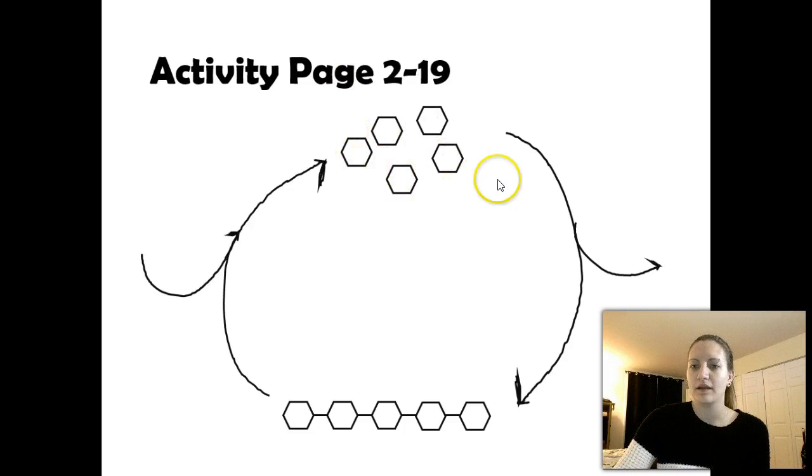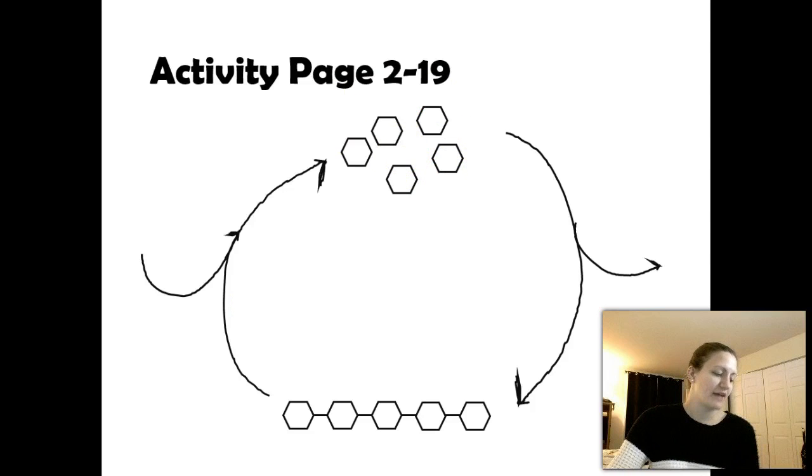It's asking what is B, so over here is B, and what is D. The only other molecule that's dealing with monomers and polymers is water. So when molecules are coming together and synthesizing, that's going to release water to create that polymer. When this polymer is being broken down in hydrolysis, it needs water. That word hydro means water, so it needs water in order to break down into these monomers.